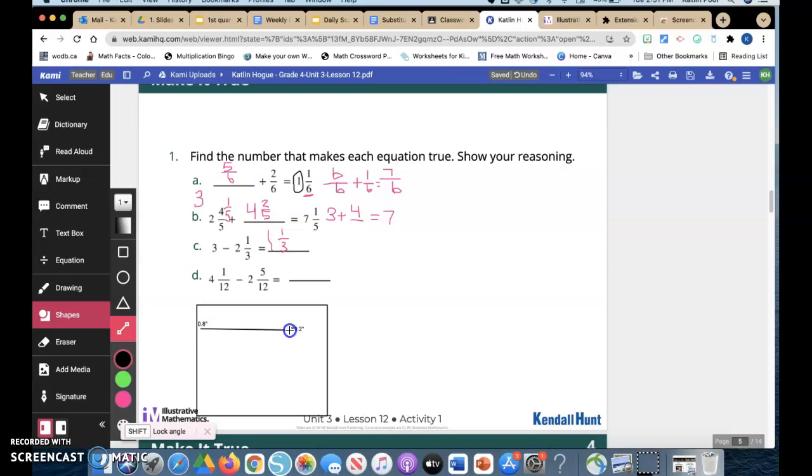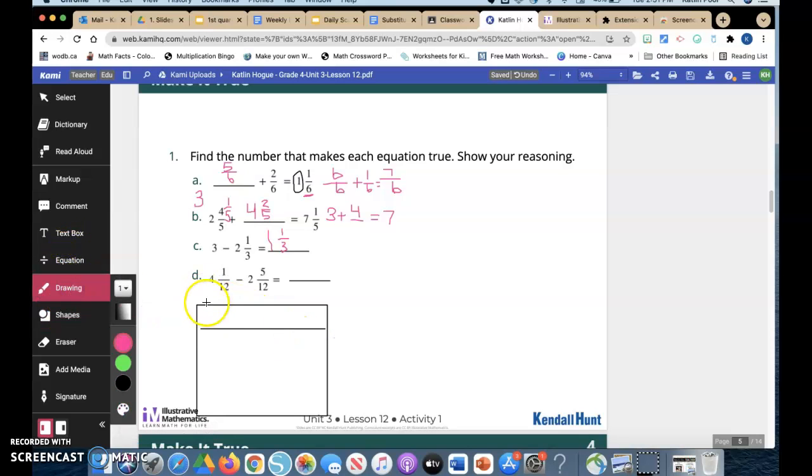And we'll even let it draw a line for us. Absolutely. Perfect. It's a little not straight. That'll be alright. So, on our first number, we have 4 and 1/12. Our second number, we have 2 and 5/12.